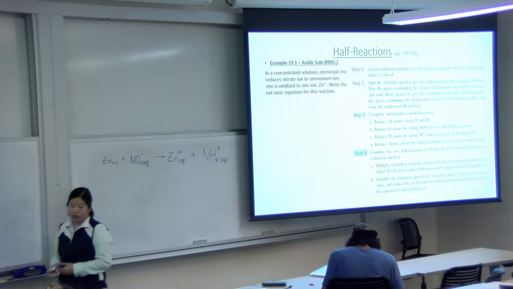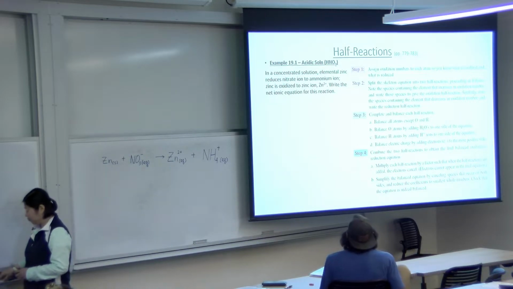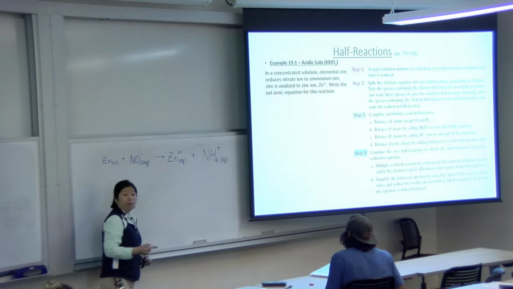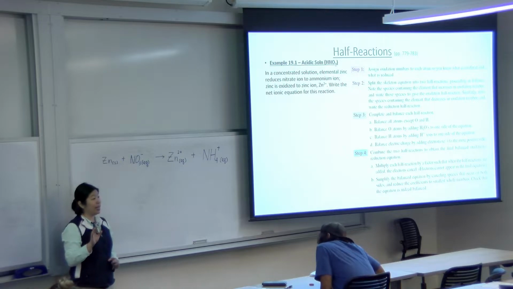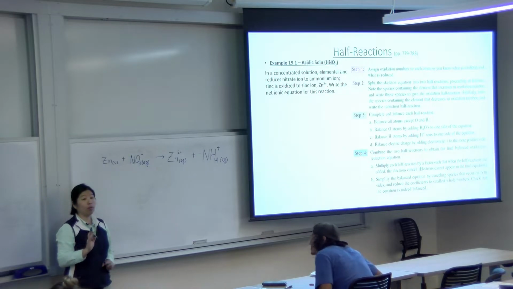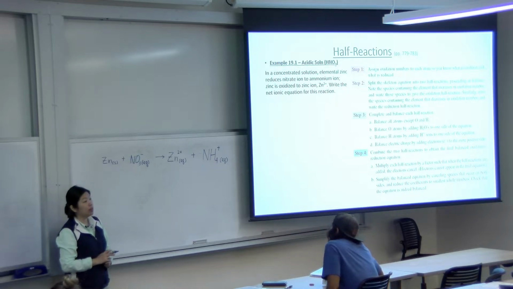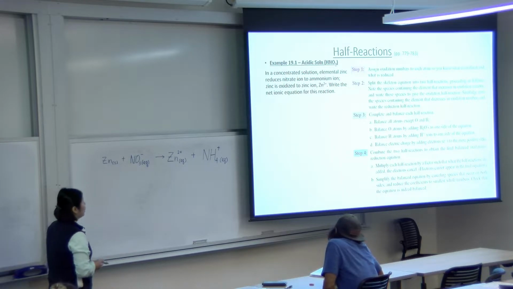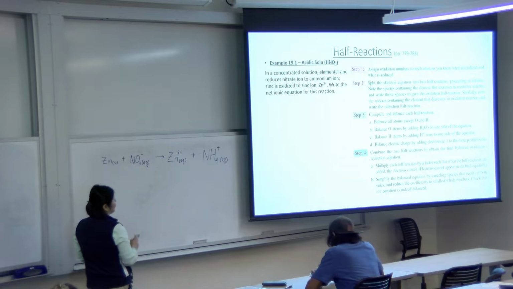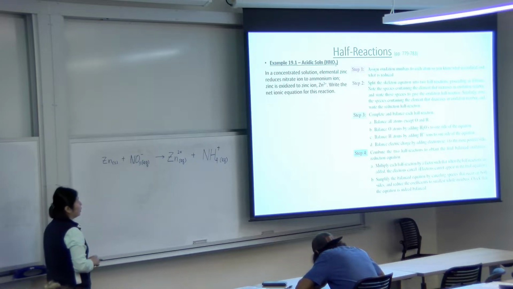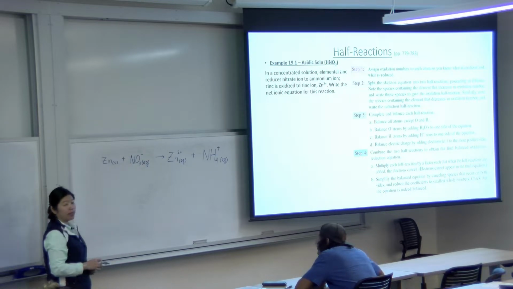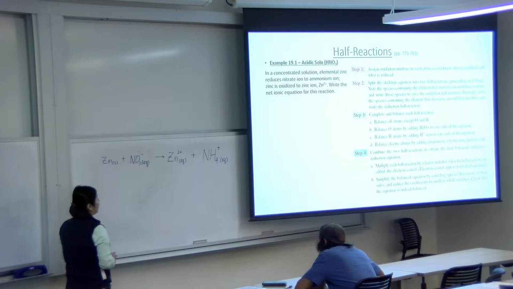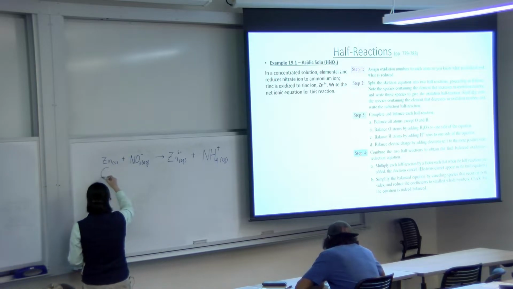Next, what are we going to do? Before we balance anything, we need to figure out what? I heard it? Charges or oxidation states. Okay? So we need to, step one, assign oxidation numbers to each atom. And I emphasize the word each. Each atom. So that you know what is oxidized and what is reduced.